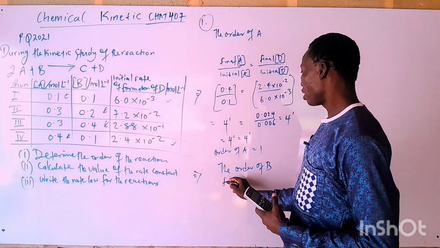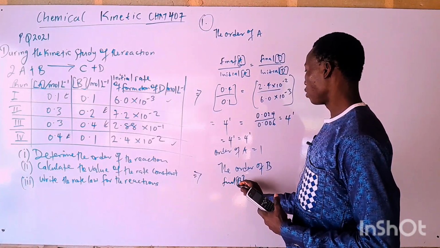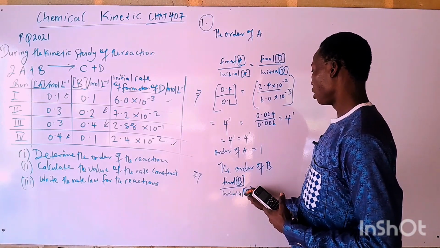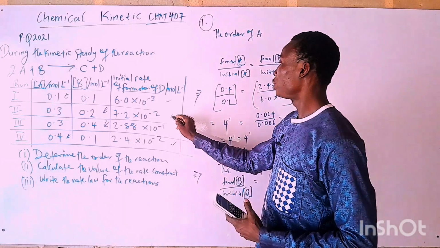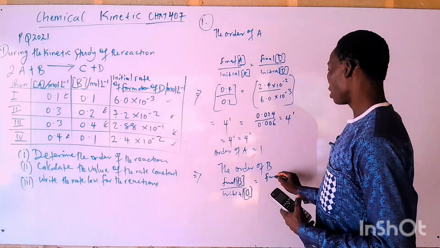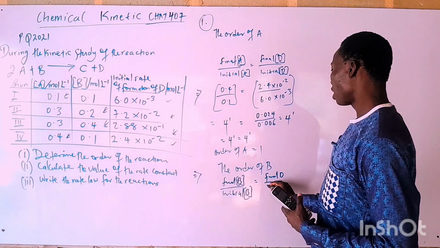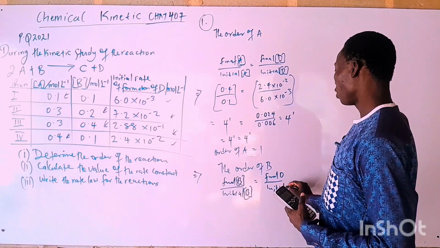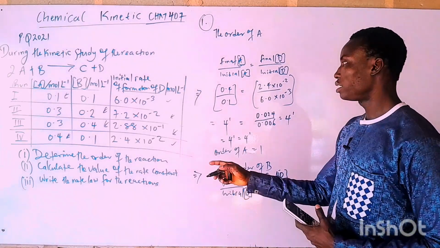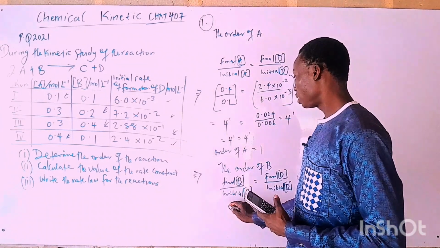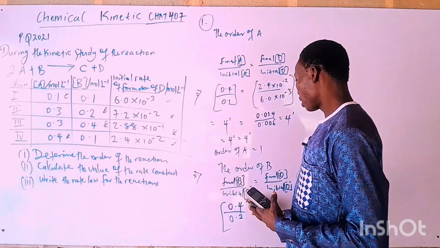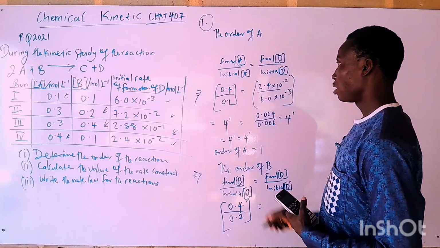That will be final of B over initial of B equals to final of D over initial of D. Now from what we have in this place, the final is given to be 0.4 over 0.2.